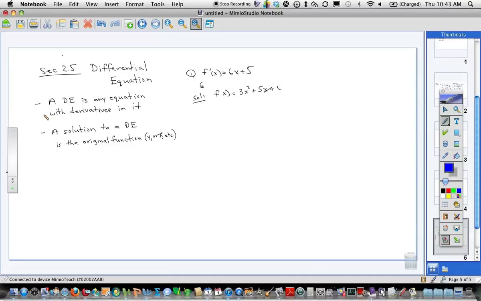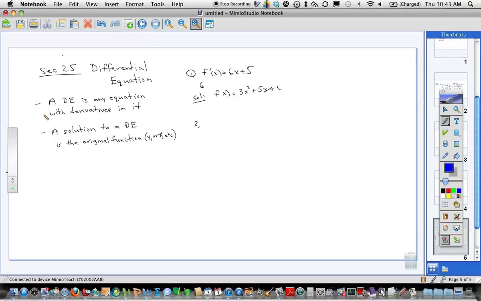Right? That is the solution to the differential equation. It's the original function f, which we get by doing the antiderivative. Makes sense. If you have f prime, you do the antiderivative, you get f. That's how we solve that differential equation.